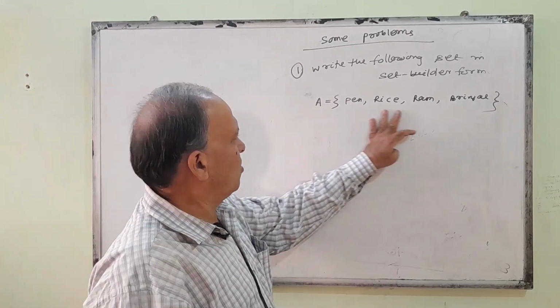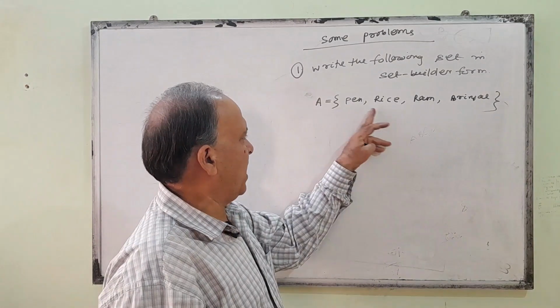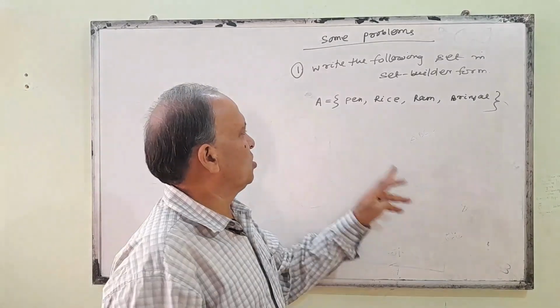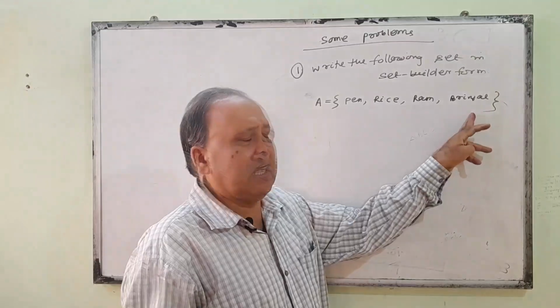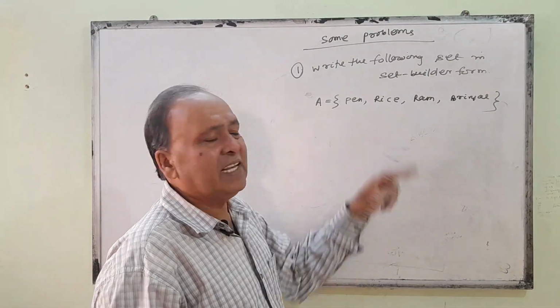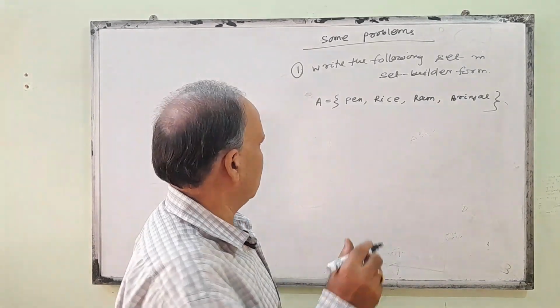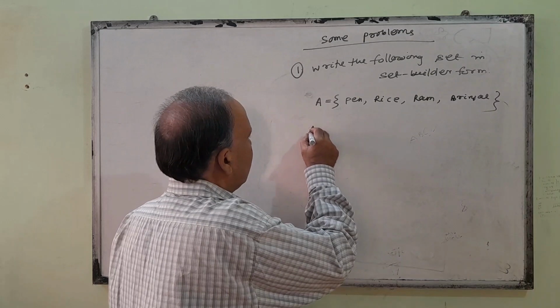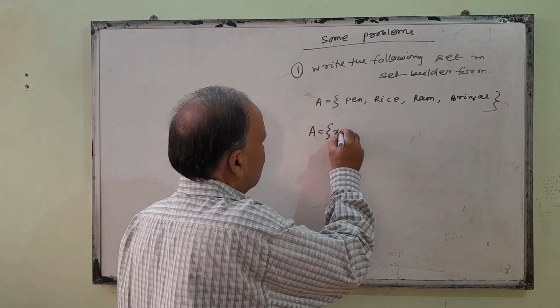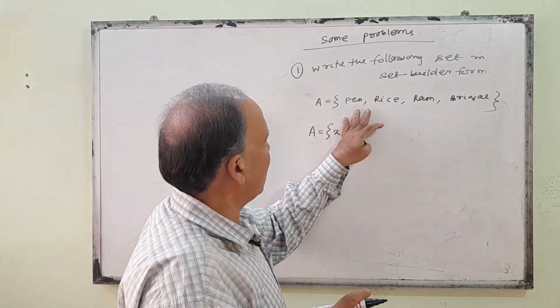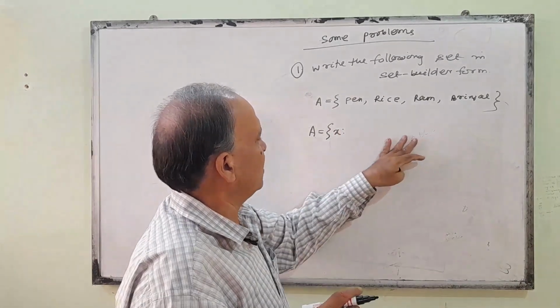You see it has no defining property, because pen, rice, Ram and Brinjal are different. But the question will come: write this set in set builder or specification form. You remember A is equal to {x such that...}, because it has no defining property, since all these four are not of the same category.